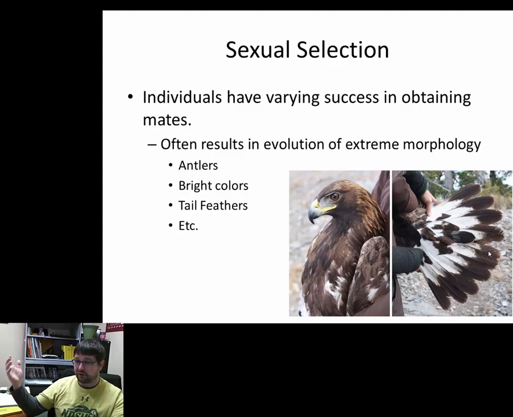Peacocks have tail feathers so large that it makes it very difficult for them to fly, and in many cases they don't fly because the capability is pretty much gone. Versus something like a golden eagle, which will have different tail feathers and even tail feather coloration, but it's not to an extreme. It's not growing extreme tail feathers.